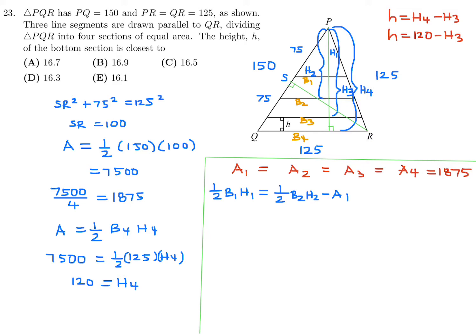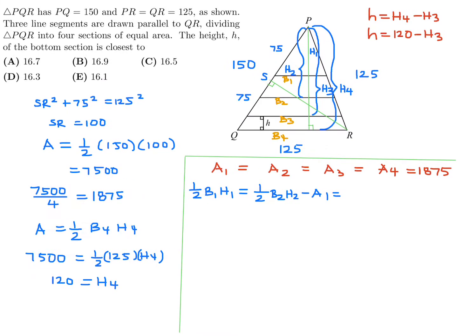In a very similar way, A3 is going to be 1/2 base times height, but using B3 and H3. Then, of course, I've got to subtract A1 and A2. And all of those are equal to 1875.